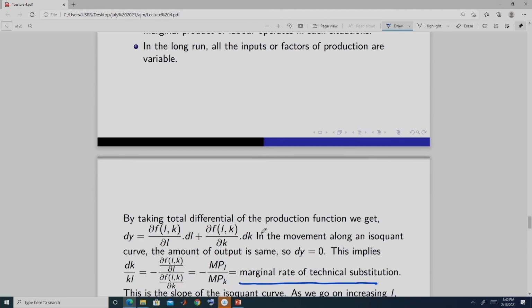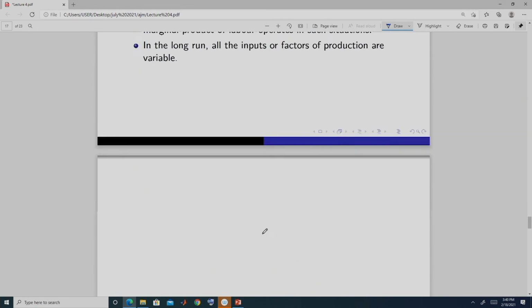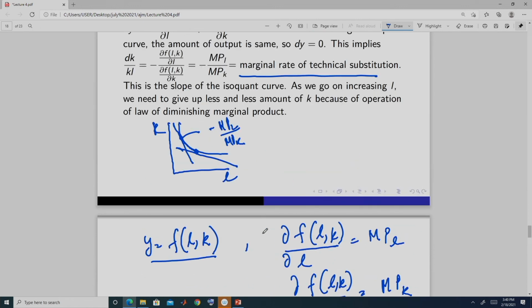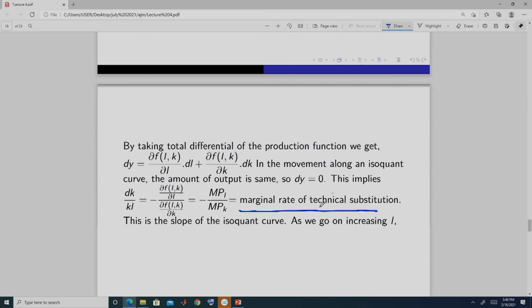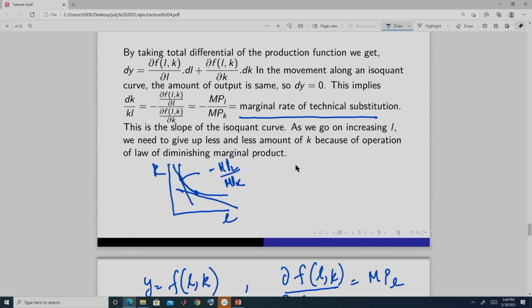So, in our case, let us take the production function to be of this nature, that is Cobb-Douglas.